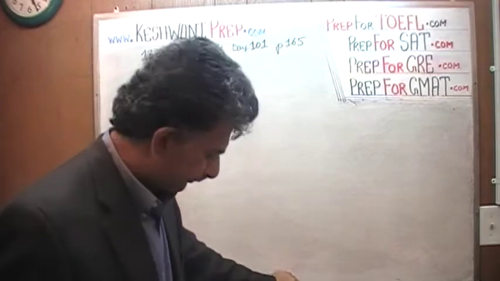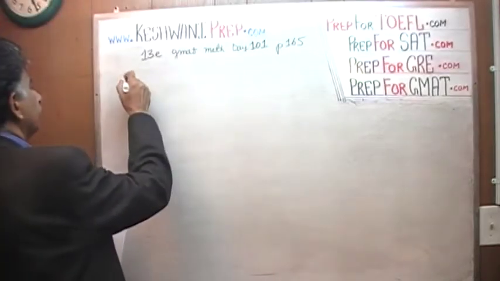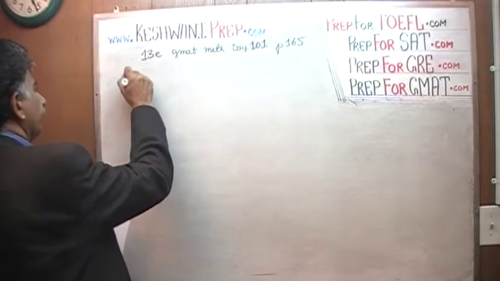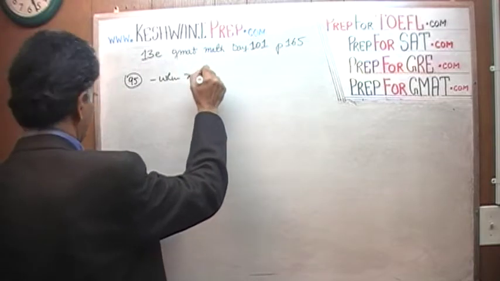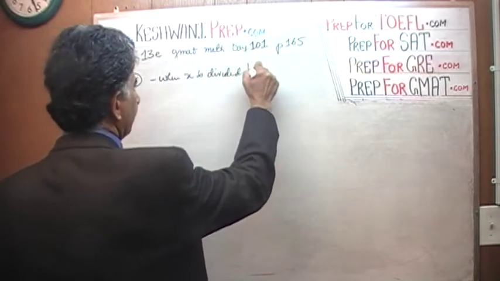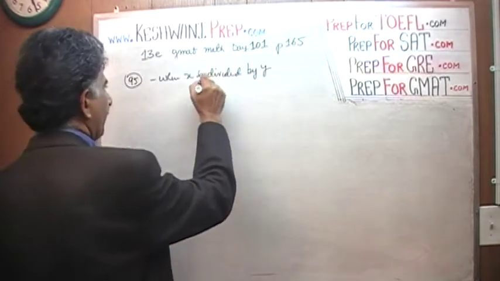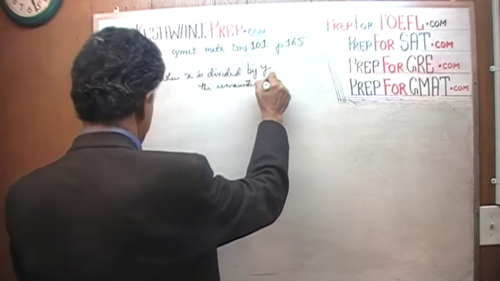Problem number 95. It says when x is divided by y, the remainder is 9.